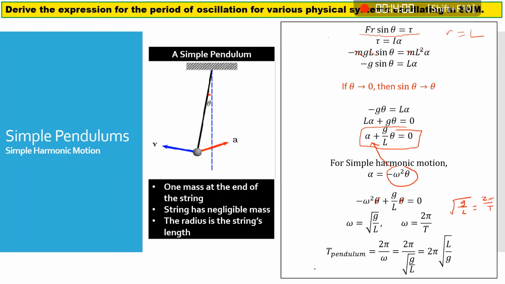One rotation, you're right. So for this simple pendulum, what would one rotation mean? Going to the other side and then coming back. Right. So I have to get back to the same point that I was before. Okay, cool.